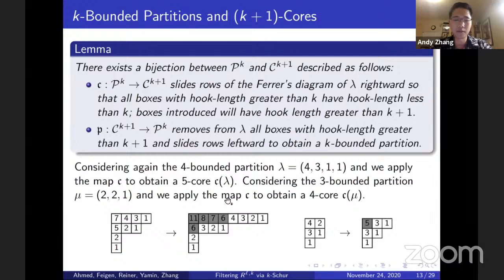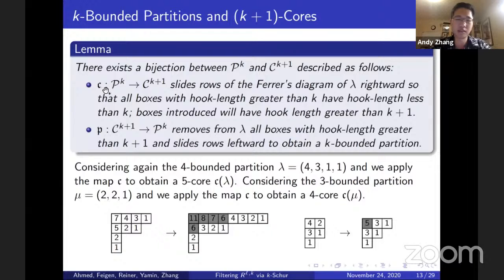And conversely, you just remove all the boxes that have hook length greater than or equal to k+1 inside a k+1 core, and then you shift all the remaining boxes to the left, and you will get the original k-bounded partition.